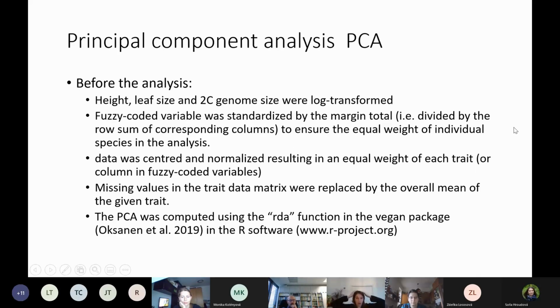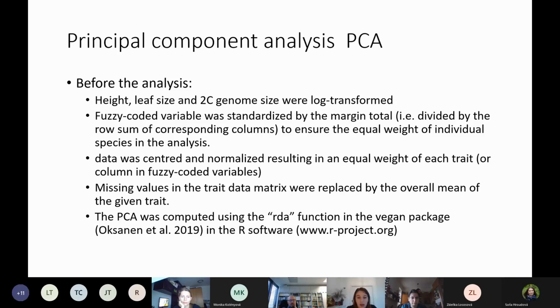Okay, and for calculating the ordination, the principal component analysis, we also had to transform some of the data. For example, we had to log transform some quantitative variables.